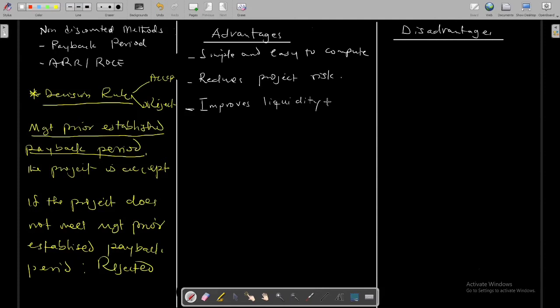How does the payback period improve liquidity? It improves liquidity because when a project recovers its initial investment within a short time, that amount of money will accrue to the shareholders or the investors. And so these investors will be able to get enough cash flows from the project, which they can consider using to invest in other projects.